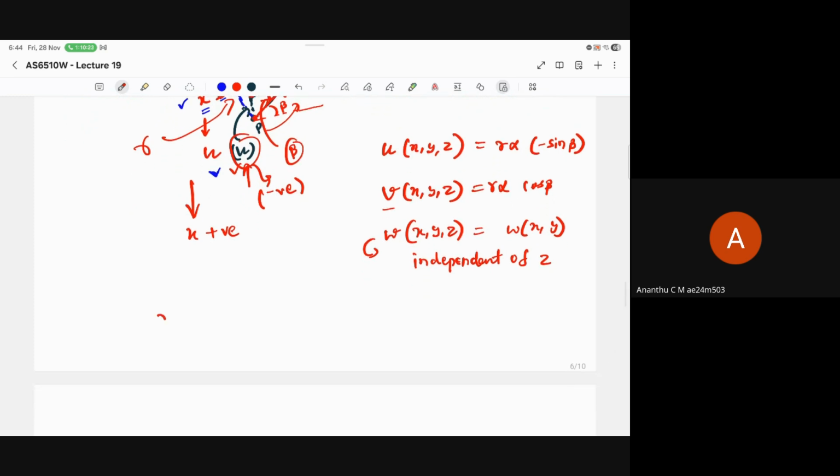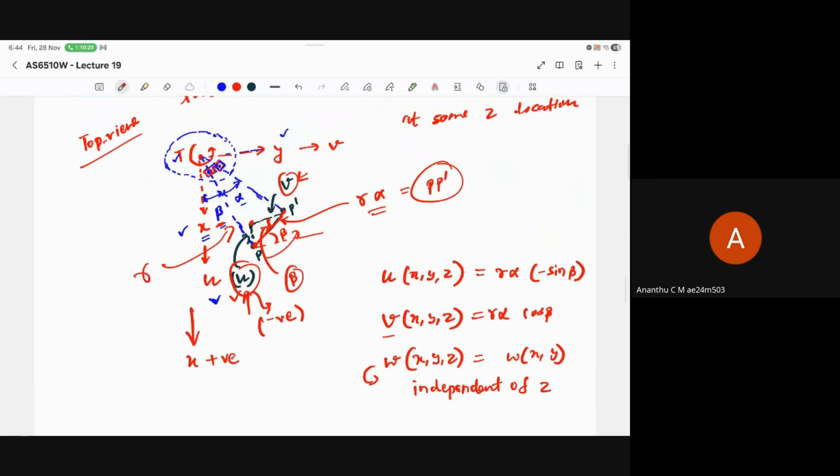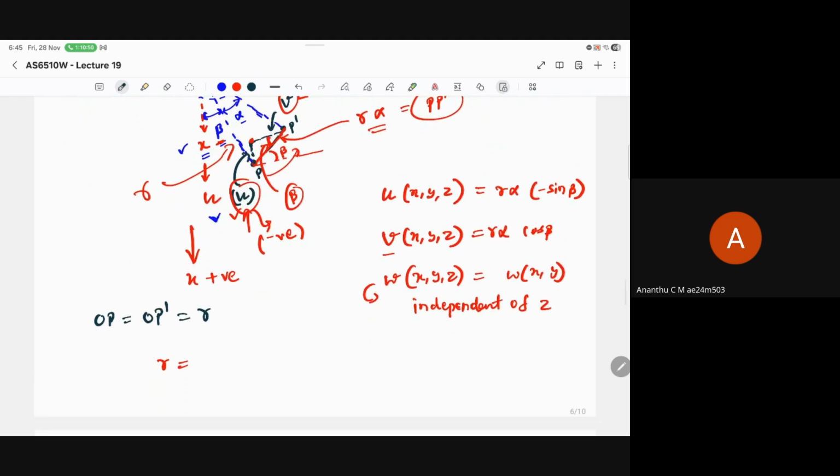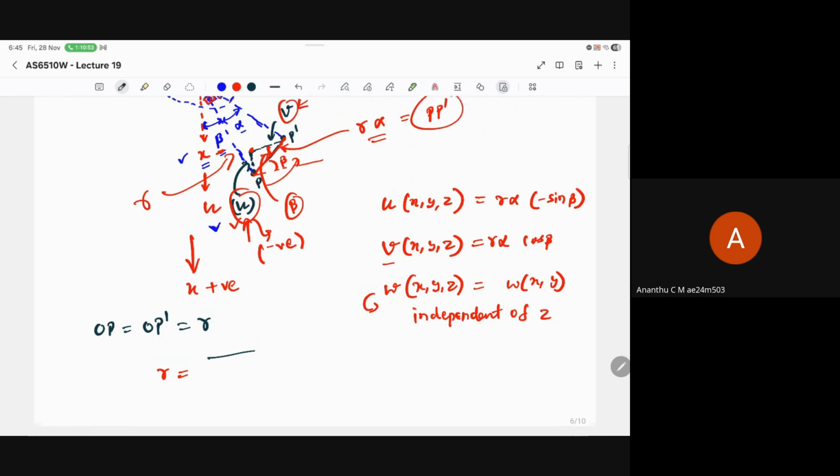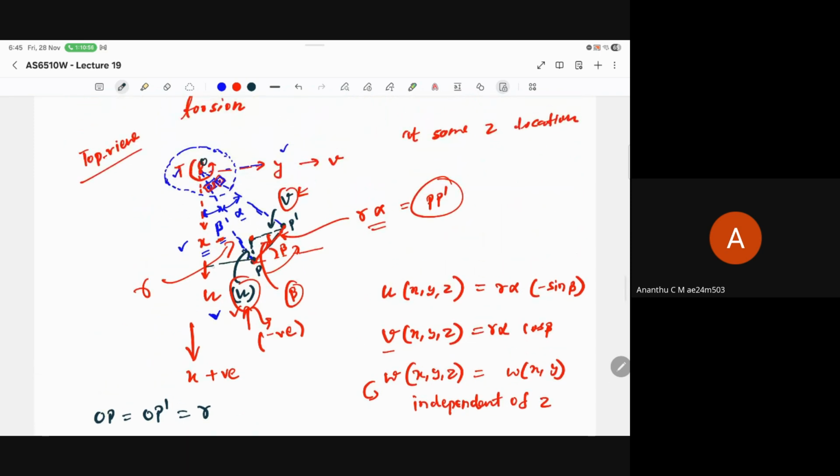Okay, so let me write OP, which is basically r, and this is equal to this distance, OP prime, which is also r. If you write it in terms of this, this is the distance x, and this is the distance y.